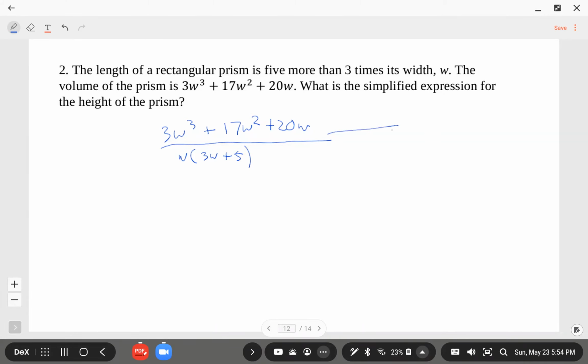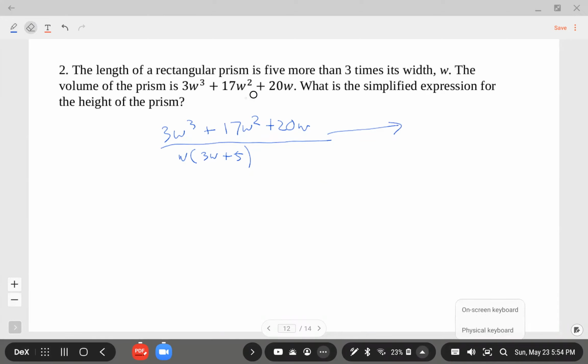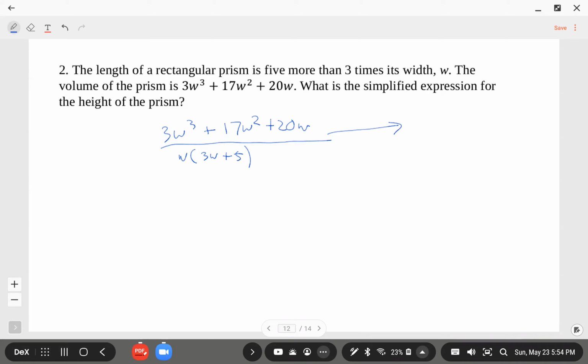Okay, so let's simplify this top first because we need to factor by grouping, which is very annoying. So let's do that. Okay, so where is this? 60, right? 60. Okay, so which two numbers multiply to 60 and add up to 17? Oh, this is quite hard. No, it's not. It's 5 times 12.